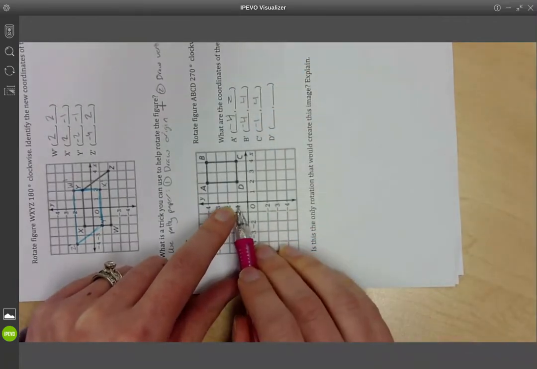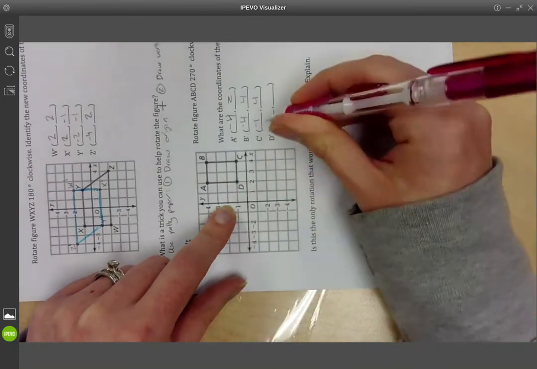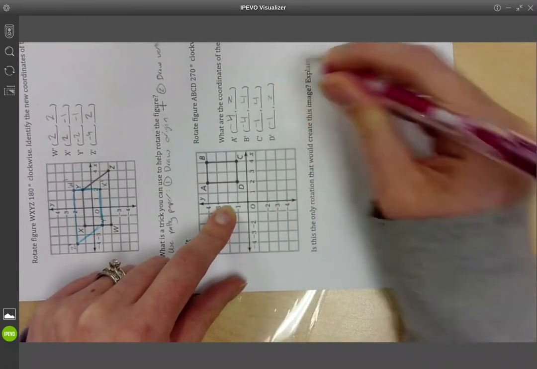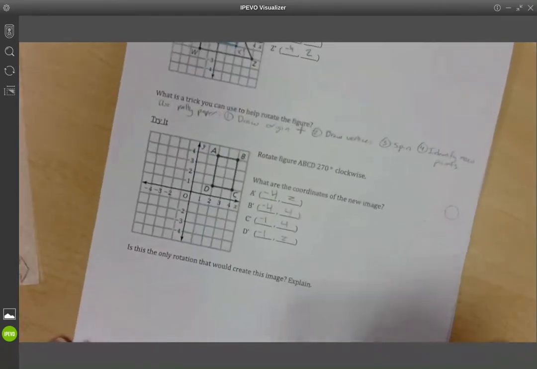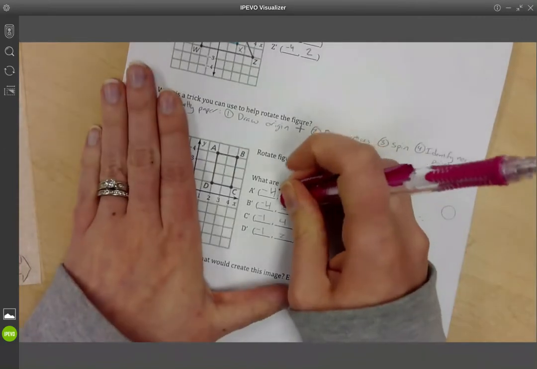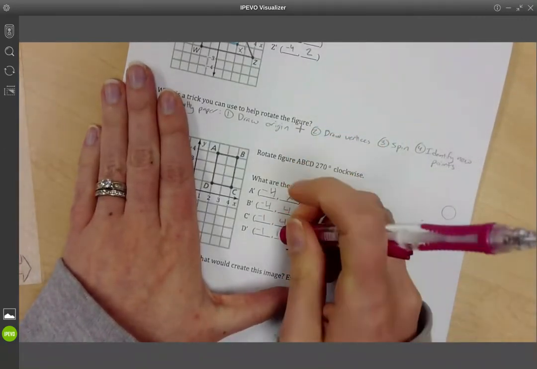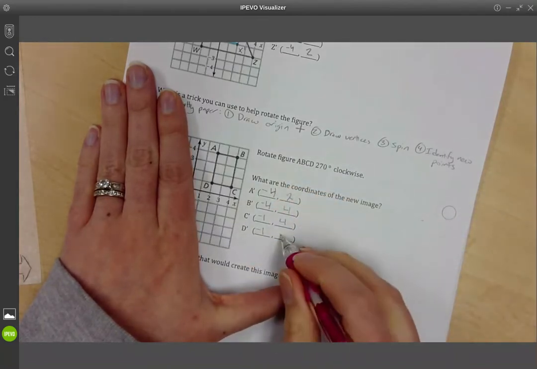And D is at -1, +2. Okay, I'm going to turn my paper back to the right direction and maybe clean up my numbers so they look like numbers instead of Z's.